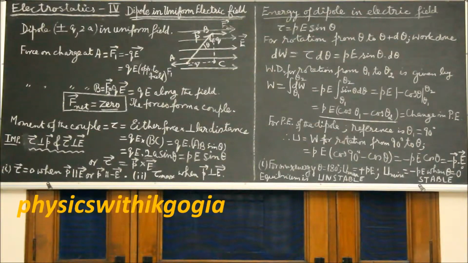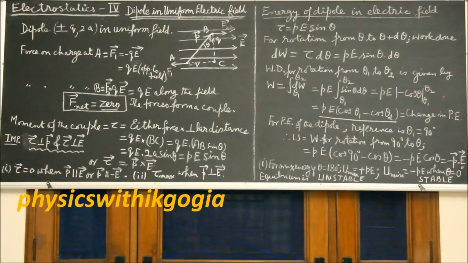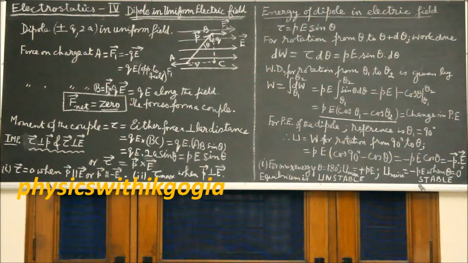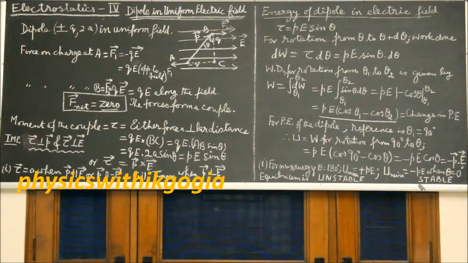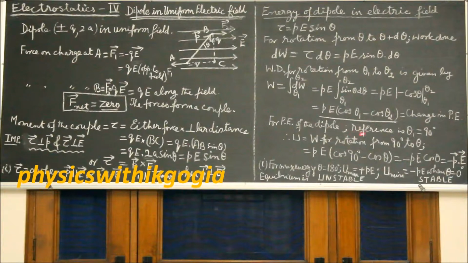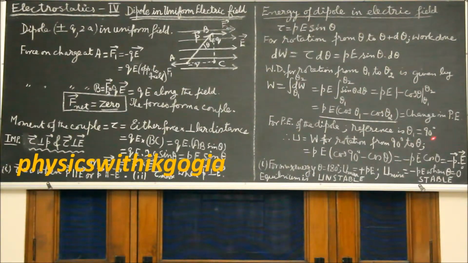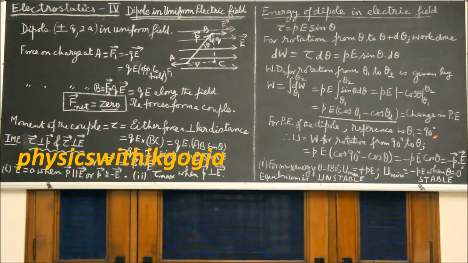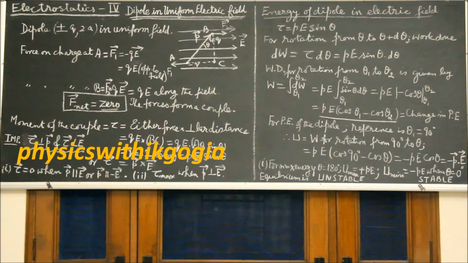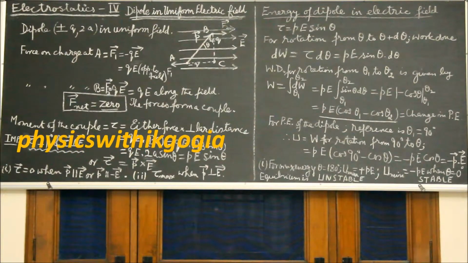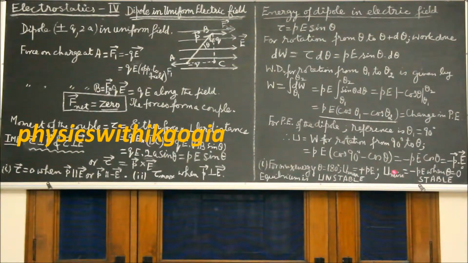The work also measures the change in potential energy of the dipole. For the numerical value of the potential energy, the reference level in this case is taken as 90 degrees. That is, we measure the potential energy of the dipole with respect to the dipole being perpendicular to the field.